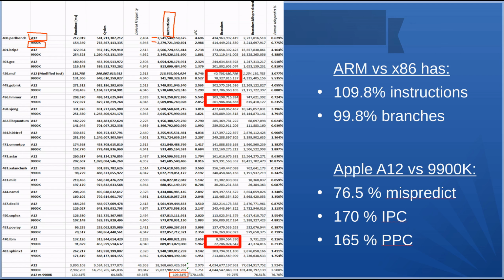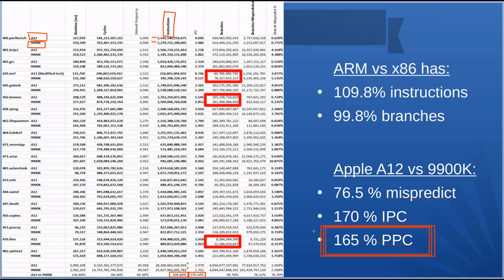Especially when you look at the IPC, the Apple here has a 70% higher IPC than Intel. And if we take a look at the performance per cycle, because there are 10% more instructions for the same work to be done, the overall performance is only 65% better per cycle than on the Intel.